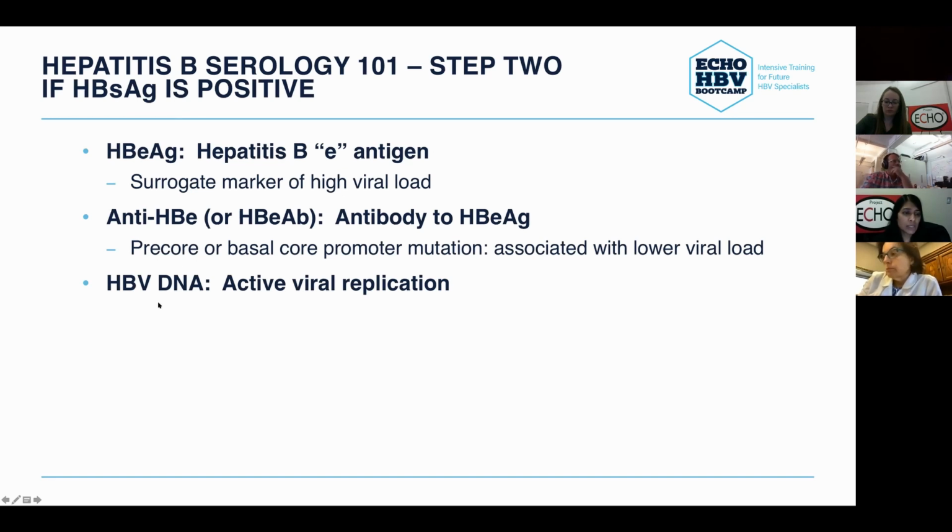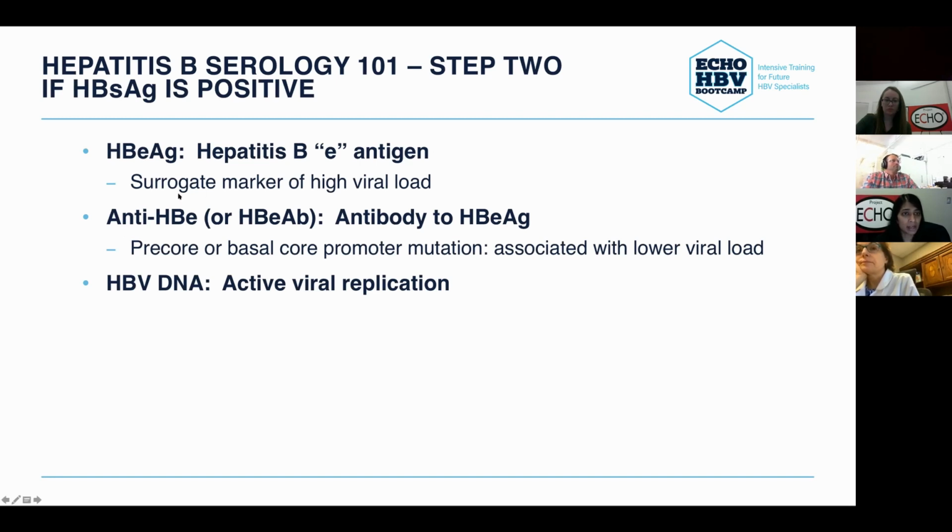These three tests, along with an ALT and an assessment for fibrosis, which we can discuss a little bit towards the end, really are what informs recommendations around treating with antiviral therapy now versus watchful waiting.